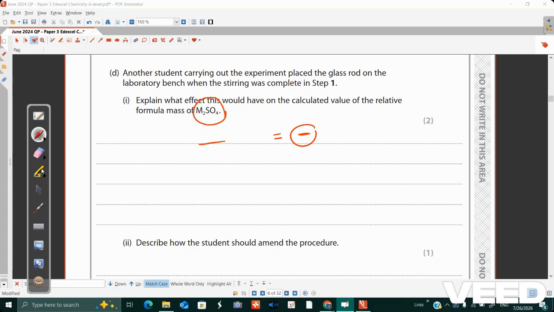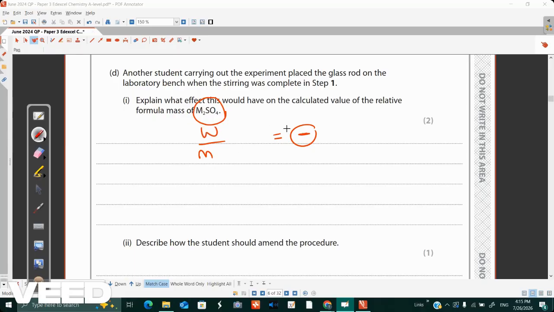If you are obtaining a low mass, explain the effect that would have been on a calculated value relative to atomic mass, right? So here you have the m value, no? Here you have the weight, right?